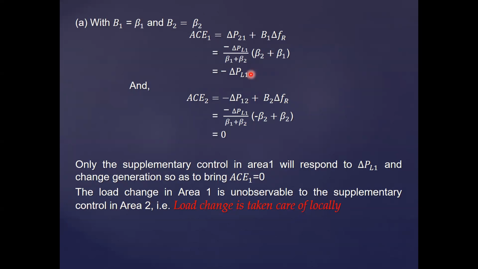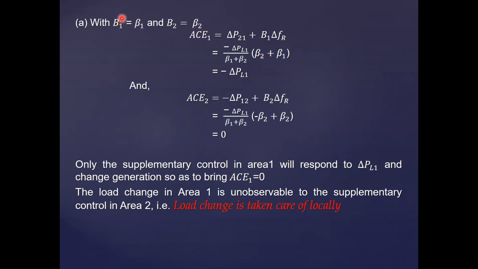Okay. So if you have B1 and B2 equal to beta 1 and beta 2, that means the setting is equal to the composite frequency response characteristic, right? Because beta 1 and beta 2 are the composite frequency response characteristics here.